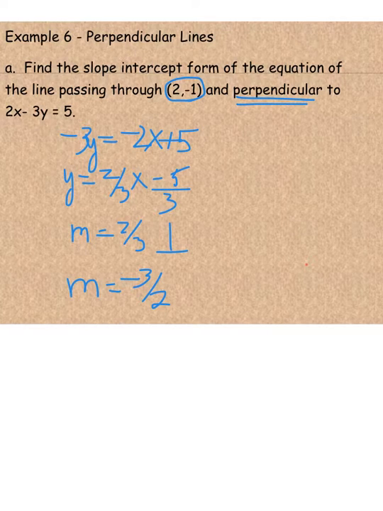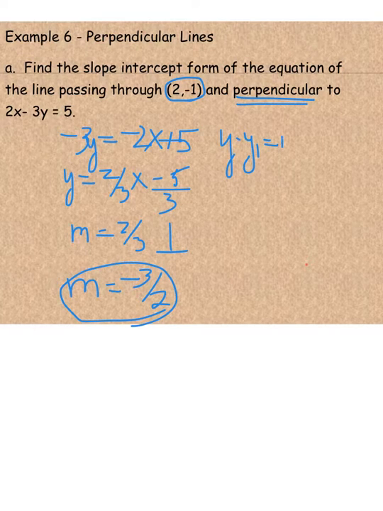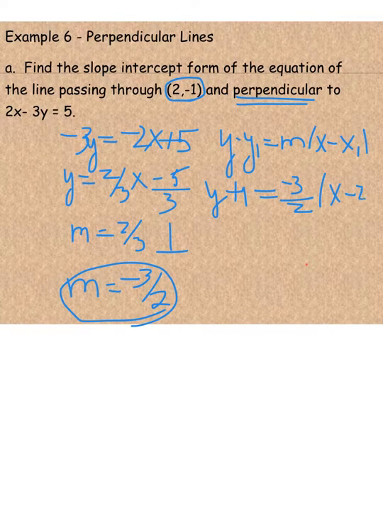So we'll use the slope of negative 3/2 and the point (2, -1), and we will go back and put that into point-slope and substitute those values. So we have y plus 1 equals negative 3/2 times x minus 2.